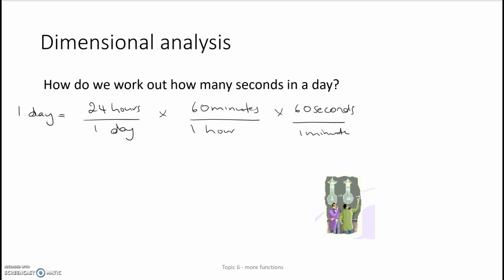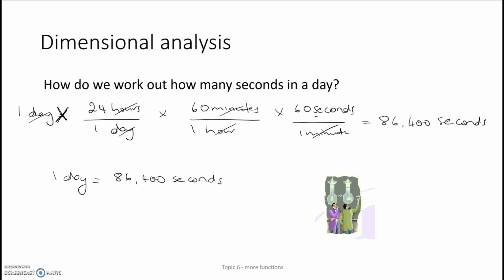Now, cancel out the units: day, hours, minutes. All we're left with is seconds as our unit, which is what we wanted. And we have to multiply 24 times 60 times 60, which will give us 86,400 if I remember correctly. So 1 day equals 86,400 seconds, if you needed to make some conversion like that.